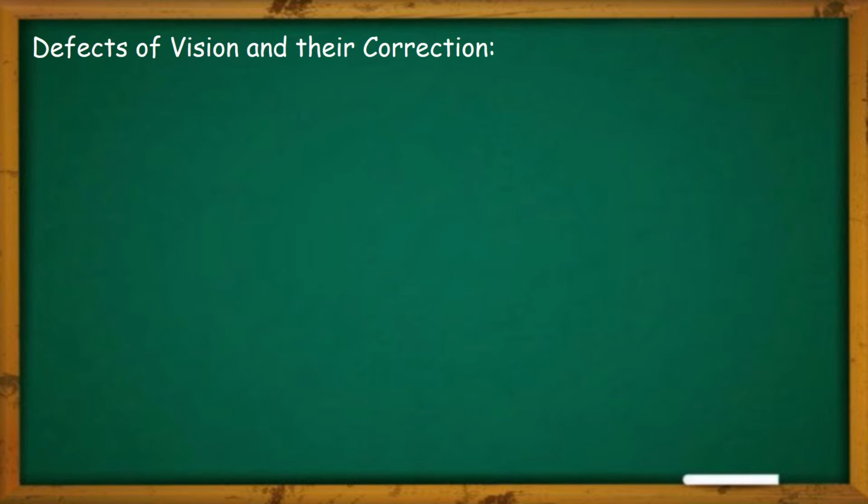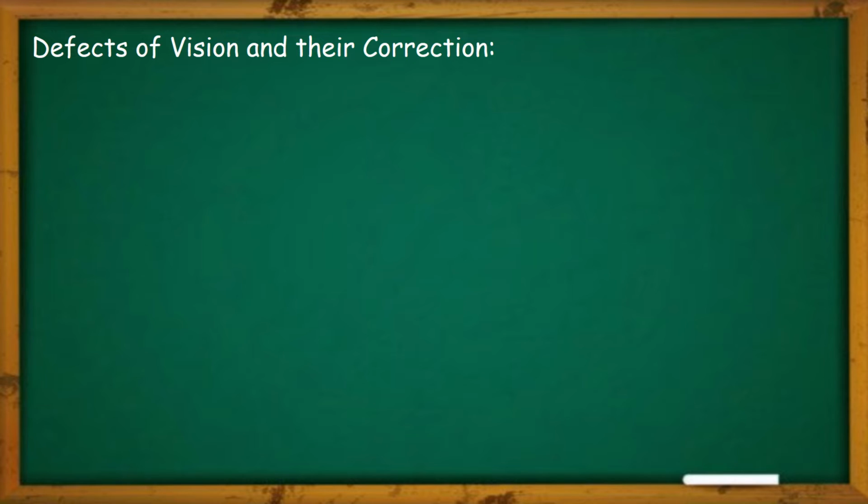Now let us know about the defects of vision of our human eye, and about their corrections. Whenever humans have a normal healthy eye, all these things which we have discussed are possible.